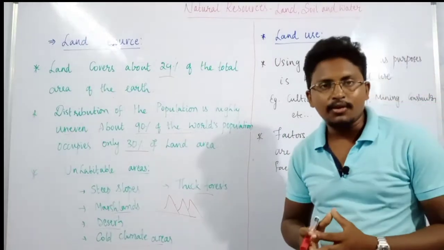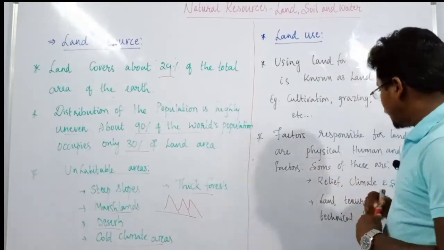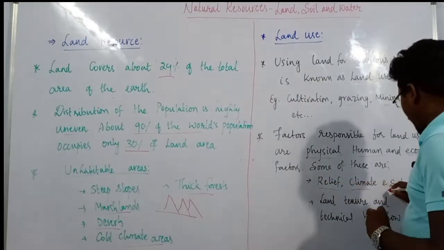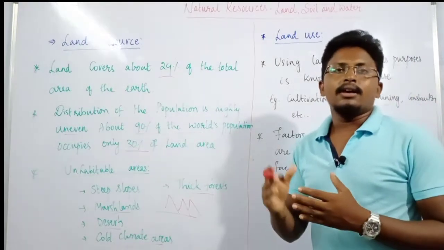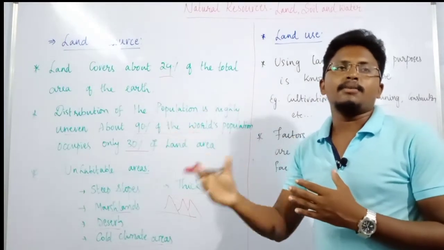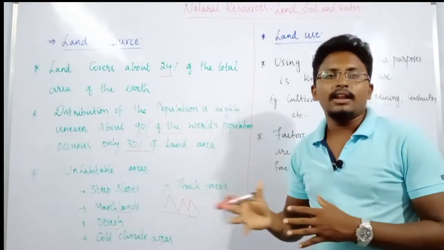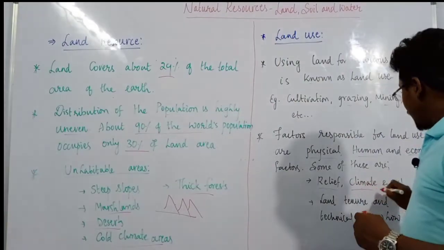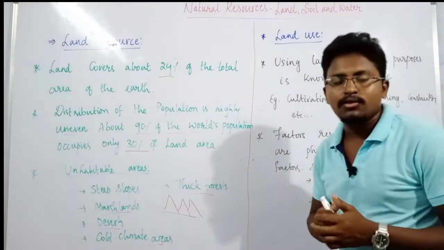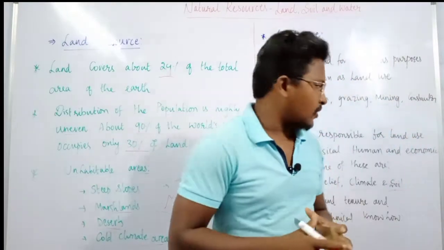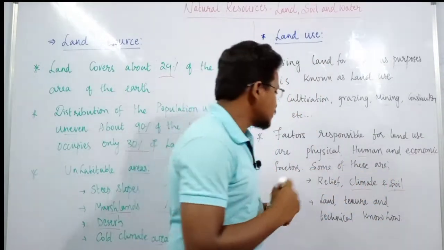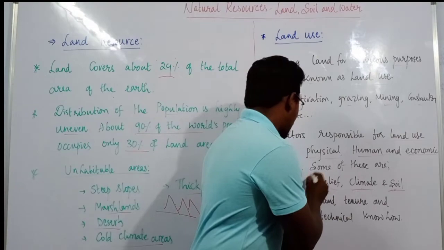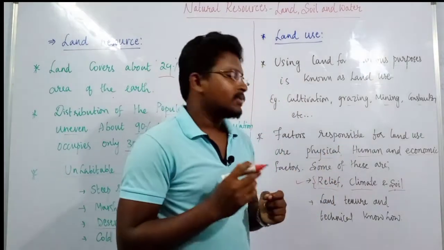But as of now, some of these factors are relief, climate and soil. Relief means the highest and lowest areas of any place. If the climate is good, the soil is very good, and the area is plain, then you can see the land use will be very high in those areas.